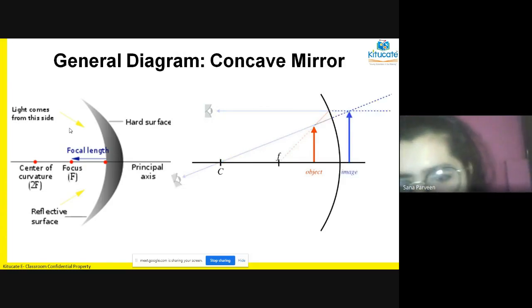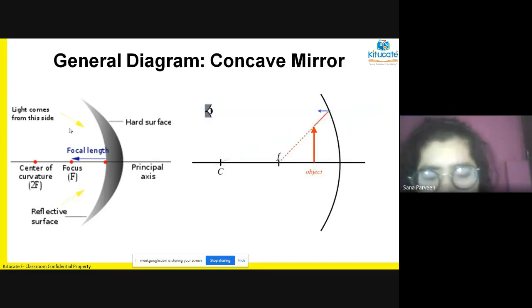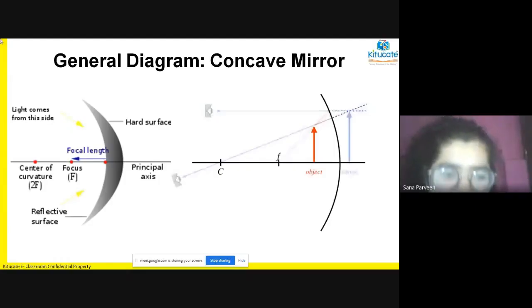When we were saying how a concave mirror is formed, at that time we said we took a ball, and a piece of the ball was cut out of it. That piece of the ball which was cut out is a concave mirror or a concave surface.